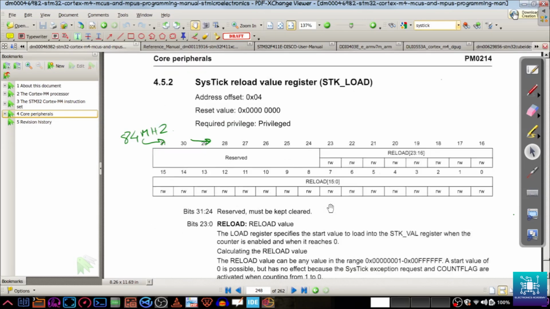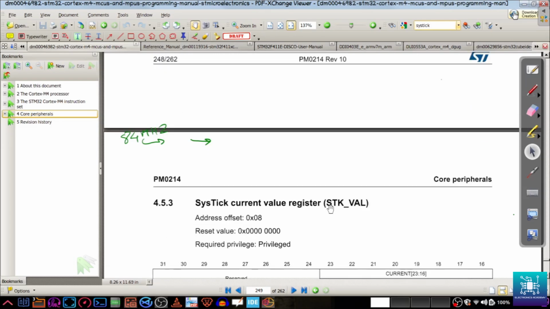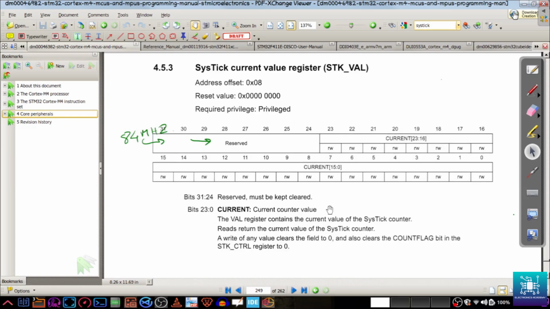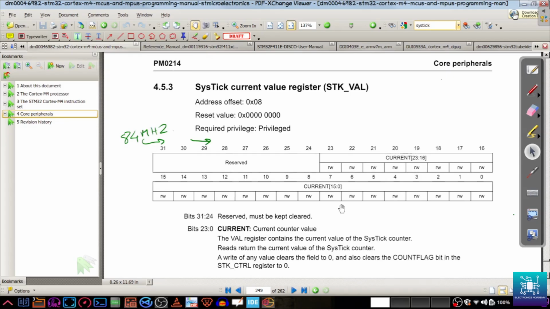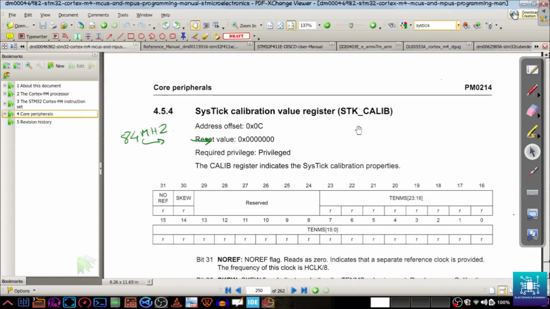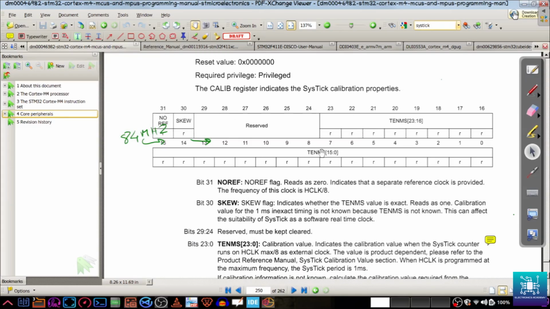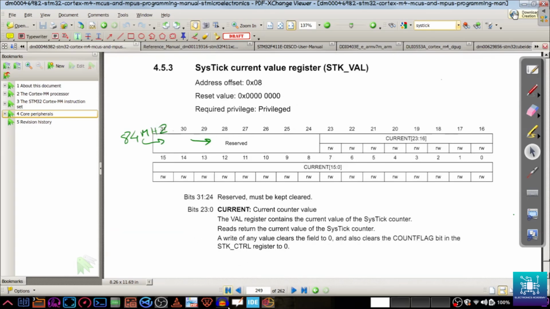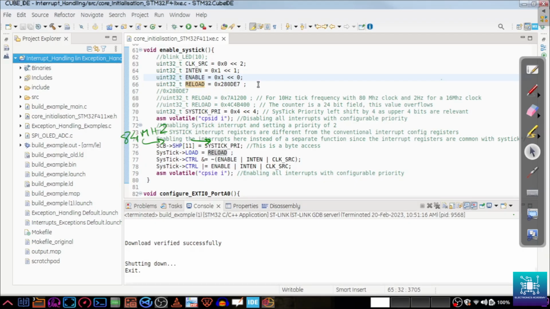But in our case, since this is interrupt driven, we don't need to worry about the count flag. Automatically, when the countdown to 0 happens, the interrupt is going to be raised. The current value register, we are not using that, and this is anyway a read-only register. We are not using the calibration value register also. So now, what is the clock source?